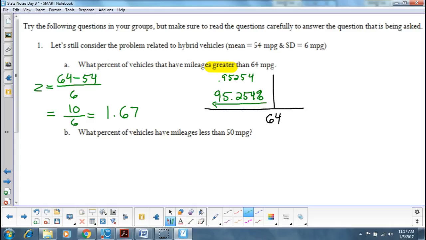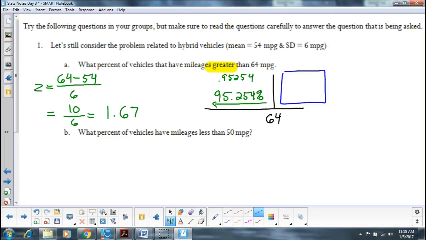But what do I want? I want the above population. So I need this population over there. So how am I going to get the above population? Subtract it from 100%, right? Okay.